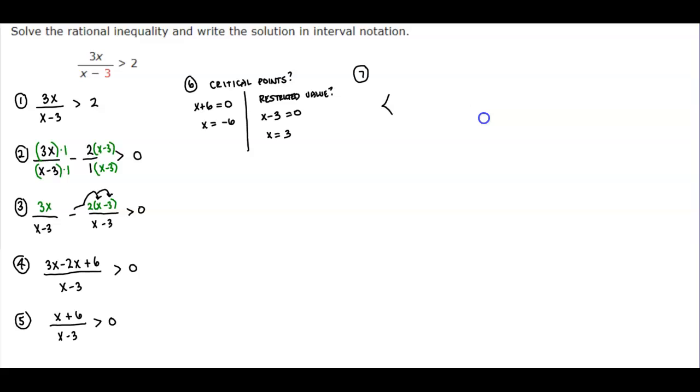So now we can create our regions. We know that we have negative 6, and then we have positive 3. So let's go ahead and create our regions as we go through our critical points.